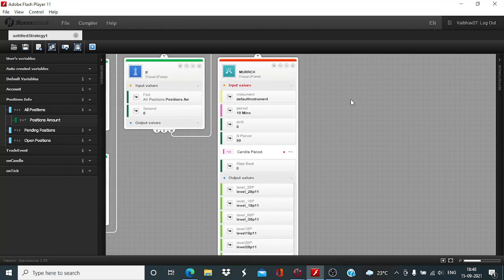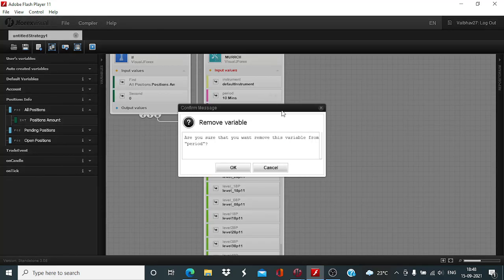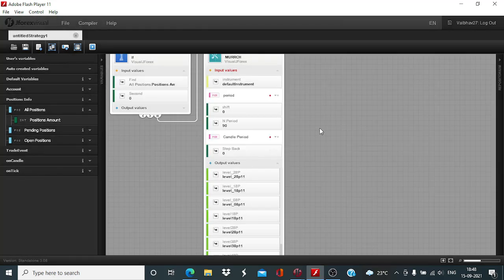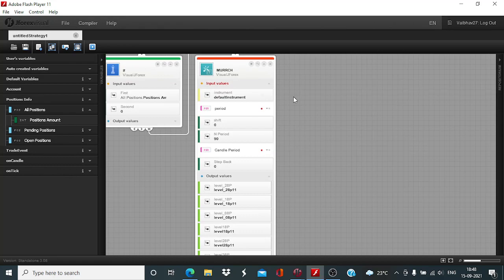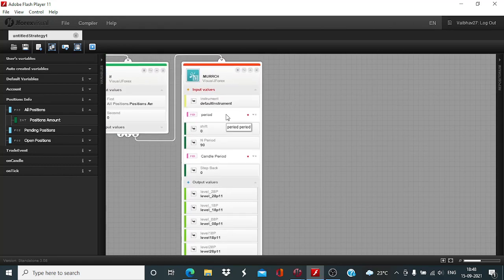Now coming to defining of this Murray's channel indicator, we are going to take two different candle periods for defining of these formations. So first we will work with the 4 hourly candle period.